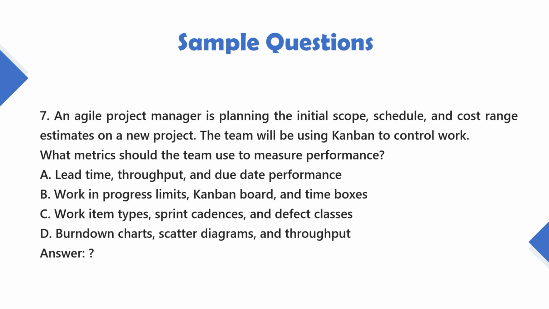B. Work in progress limits, Kanban board, and time boxes. C. Work item types, sprint cadences, and defect classes. D. Burn down charts, scatter diagrams, and throughput.